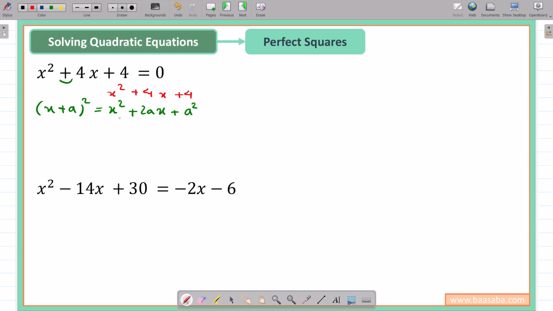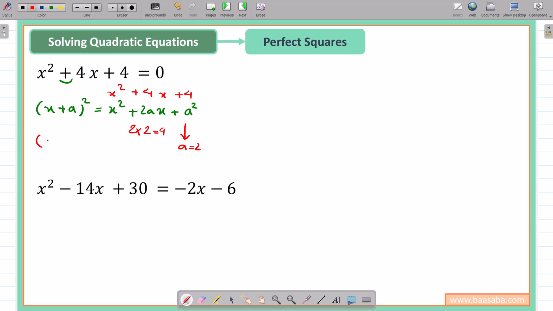First of all, we want to make sure that the coefficient of x squared is 1. It is 1. We are good to go. a to the power of 2 is equal to 4. So a is 2. Let me check the middle term. 2 times a should make 4, so we can use this identity. 2 times 2 is 4, so we're good to go.